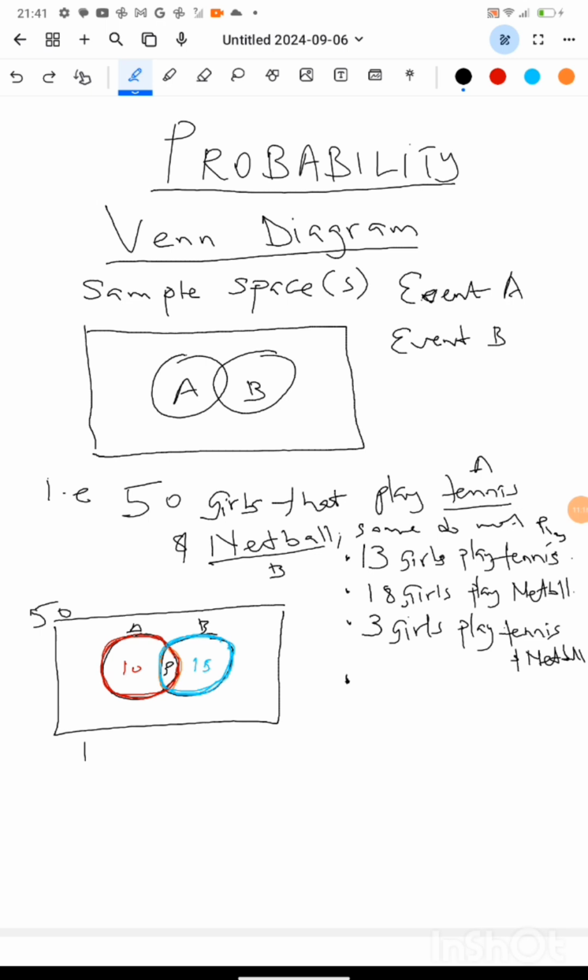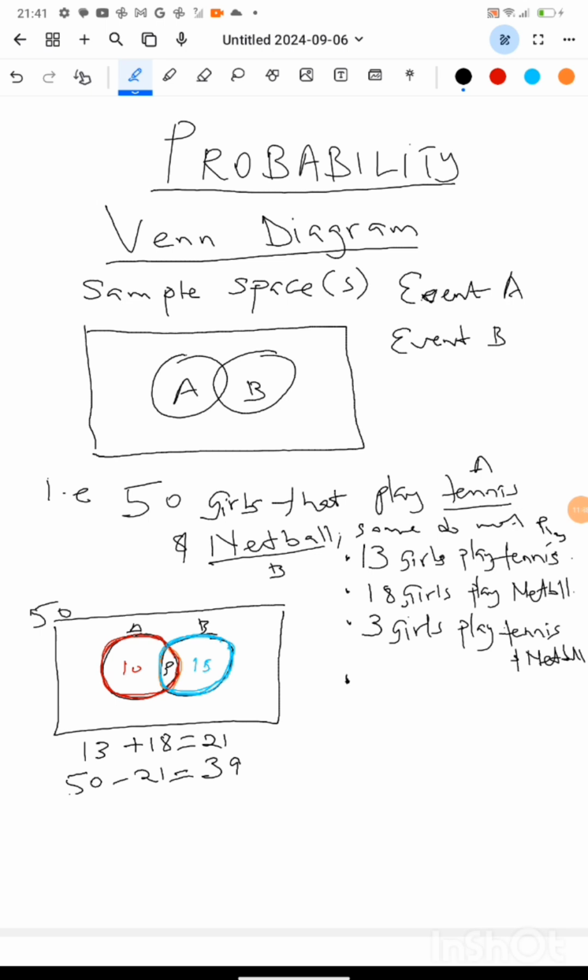You have 13 girls plus 18 girls. So all in all, you have 21 girls that play tennis and netball. What does it mean? You had a total of 50, but you only have 21 that play tennis and netball. That means now you have 39 that do not play.